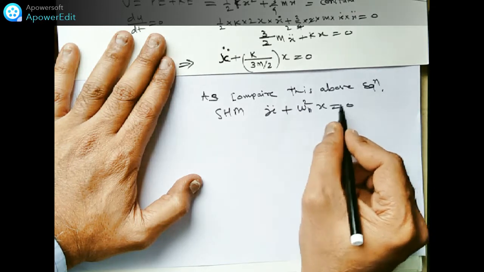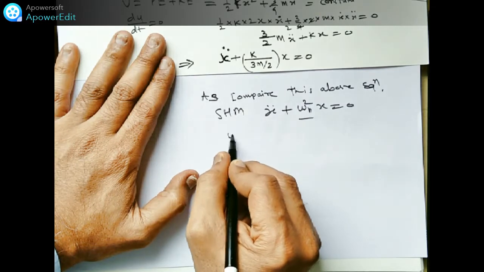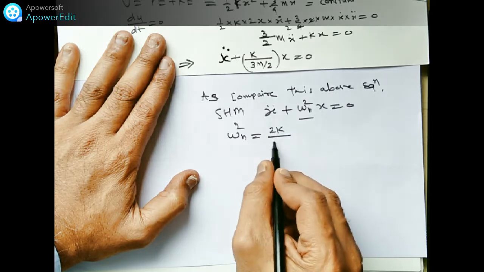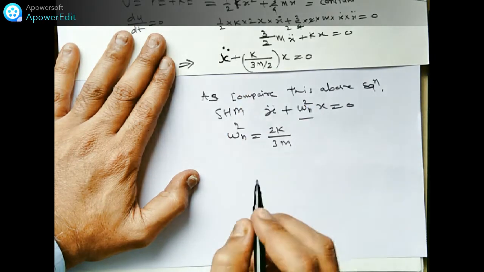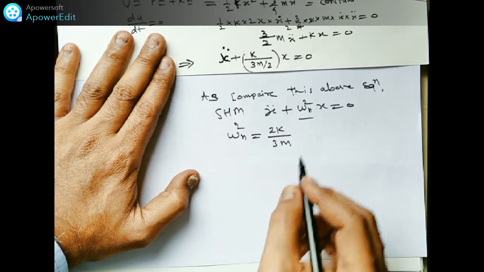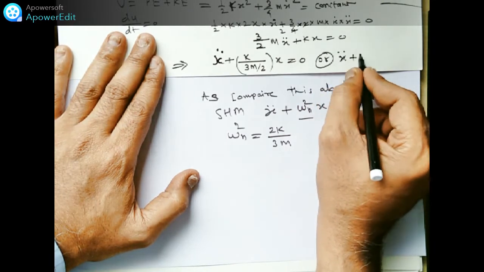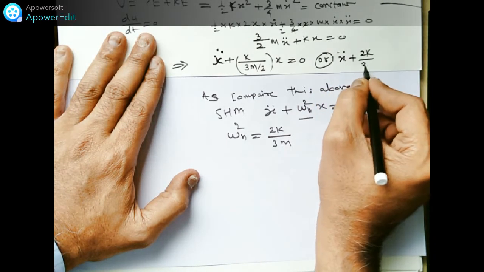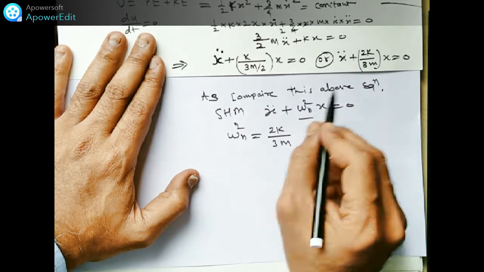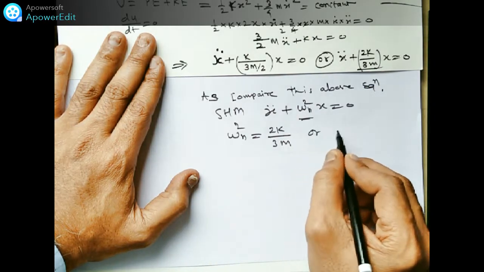Comparing, this omega n square becomes 2K by 3m, so omega n is equal to under root of 2K by 3m.